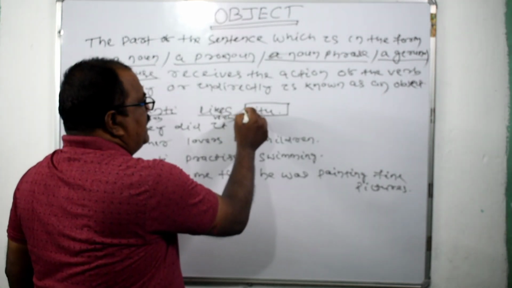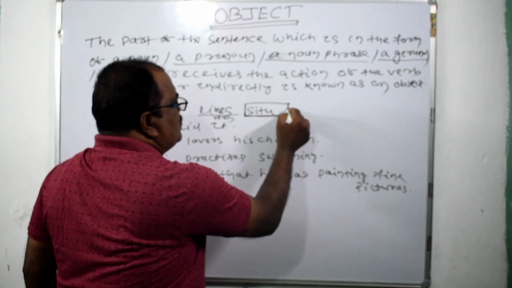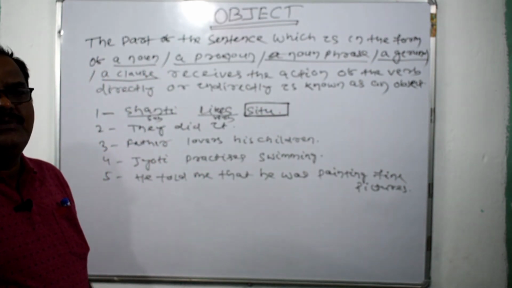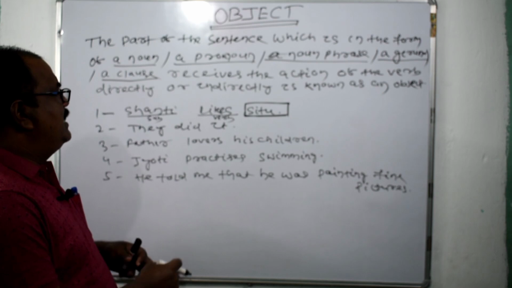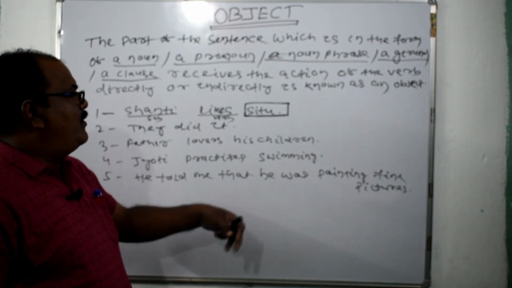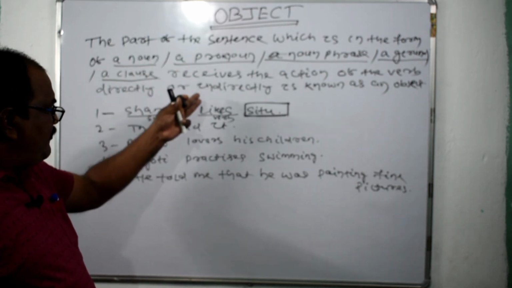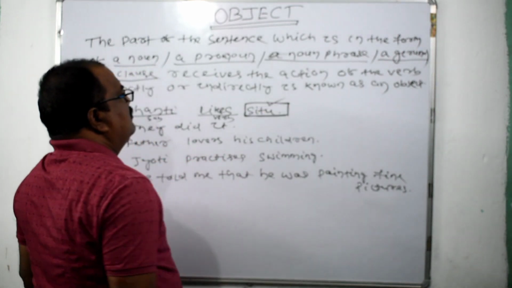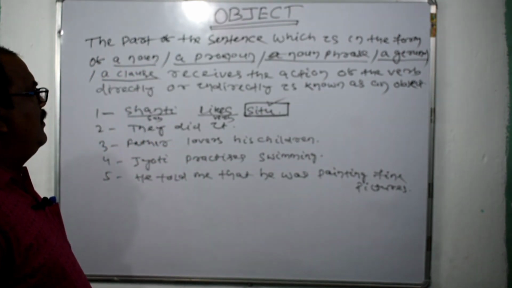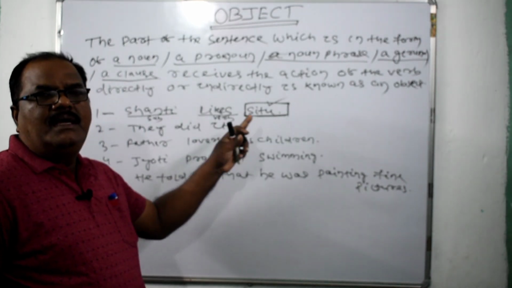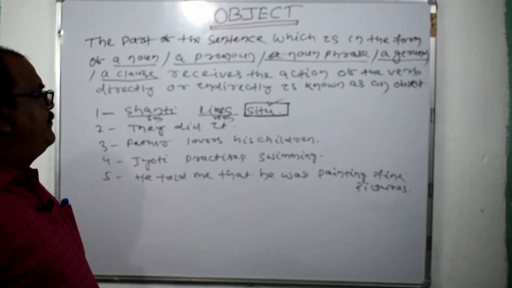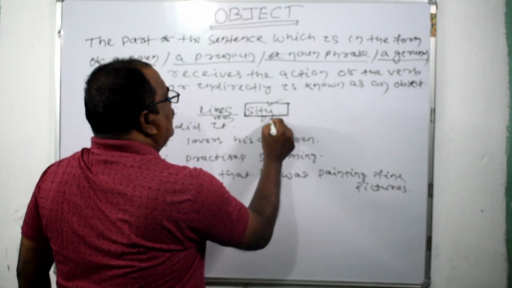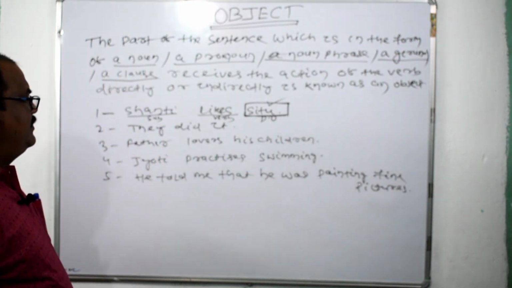This part of the sentence answers the question whom. Therefore, this part is known as the object. According to the definition, a noun may be the object of the sentence. So, Sittu is the direct object here.